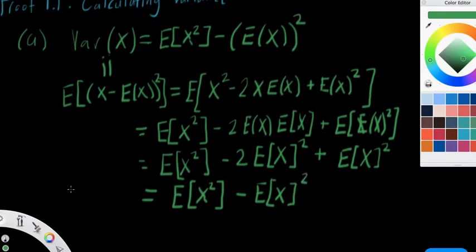Well, that's just equal to the variance of X. So we've proved the first part.